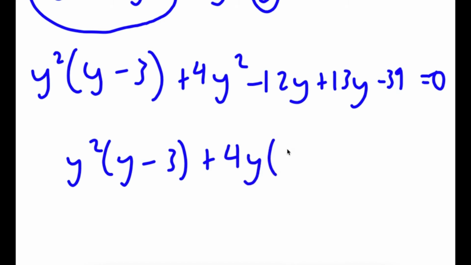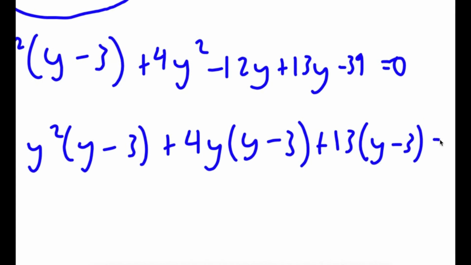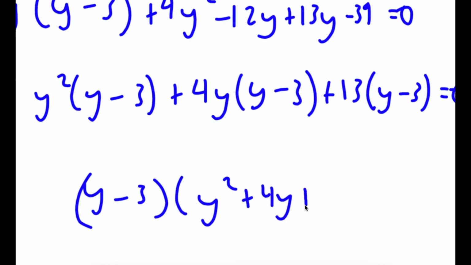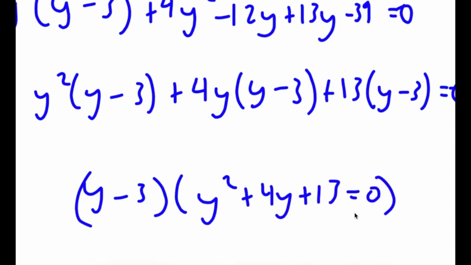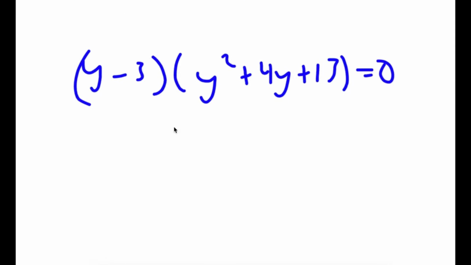So I have 4y times y minus 3 plus 13 times y minus 3. This is equal to 0. So now if I factor out y minus 3, I get y minus 3 times y squared plus 4y plus 13 is equal to 0. So now this gives me two equations.